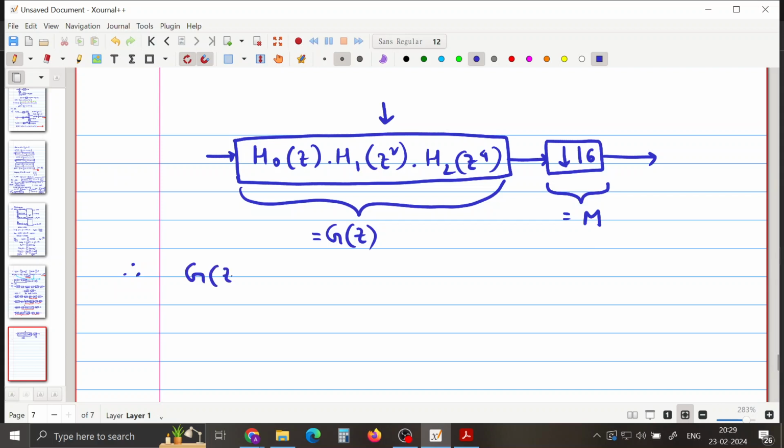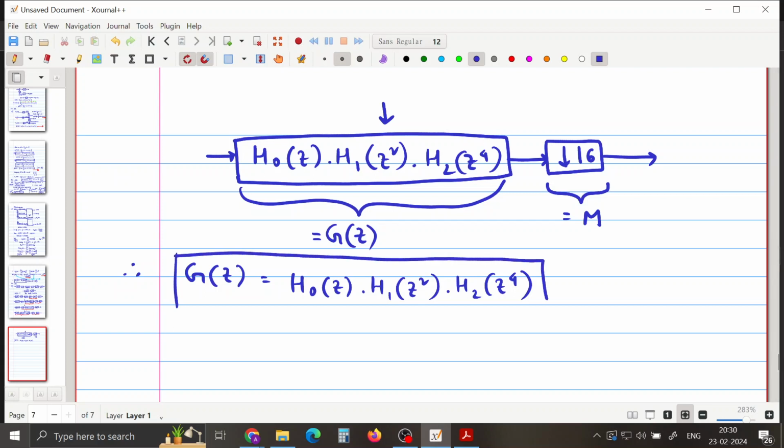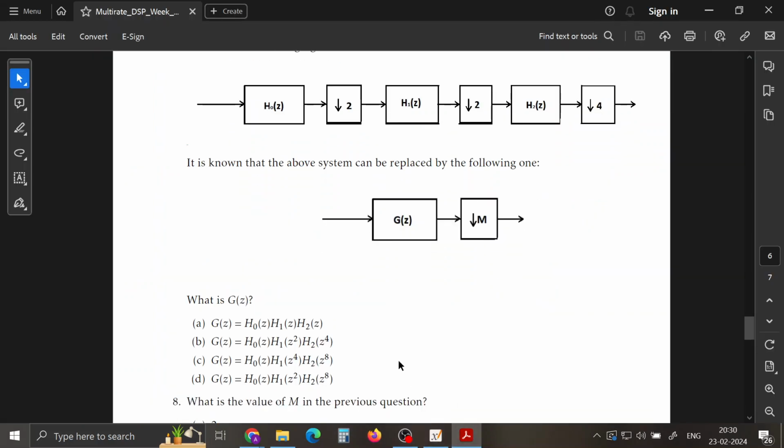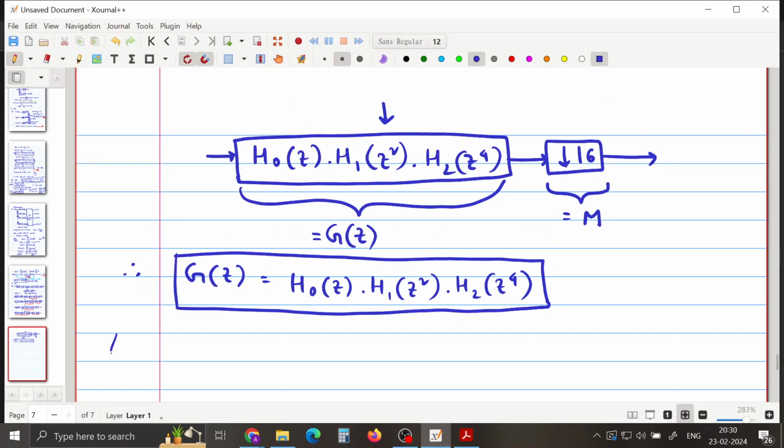We found that g of z is h naught of z times h1 of z squared times h2 of z to the power 4. That is the relation. Now if you check the options, it is option B.